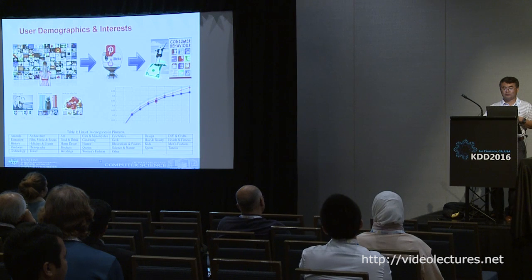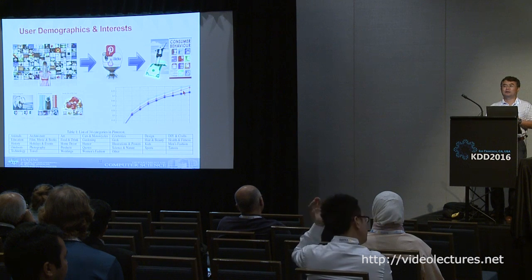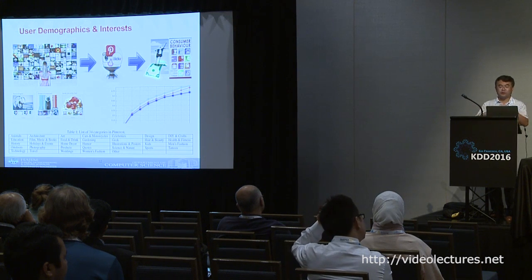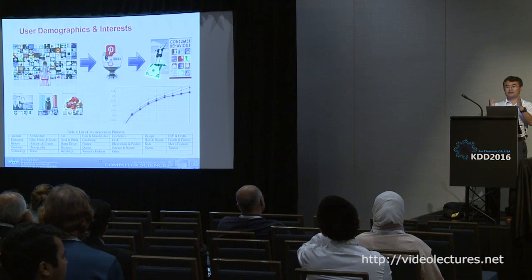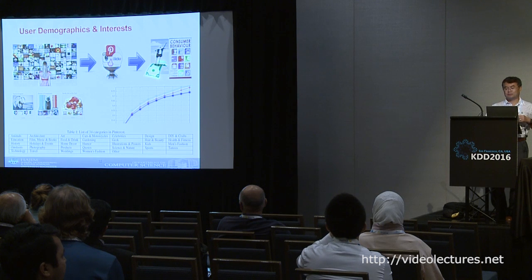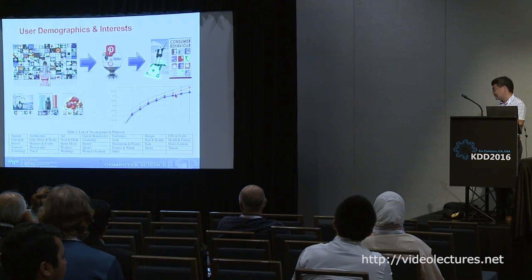The second one, the red curve, is where we don't do it individually. We treat a board as one entity. The constraint is that all images should share the same category. Based on that constraint, we were able to do better. And the final cyan curve essentially reflects that people don't have random interests.